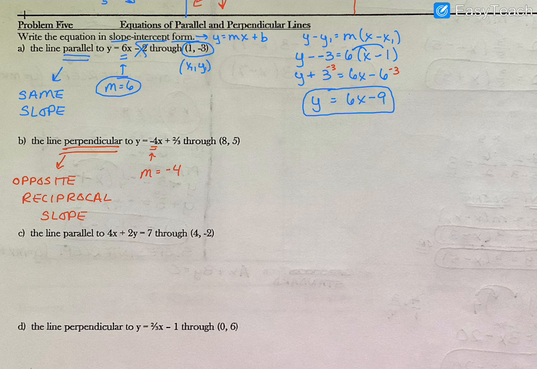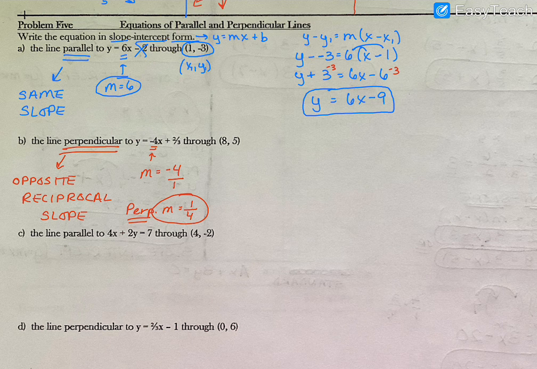Opposite, reciprocal. So first of all, what is negative 4 as a fraction? That itself is negative 4 over 1. So the perpendicular slope, opposite of negative is positive. Reciprocal of 4 over 1 is 1 over 4. So the slope we're going to use in this problem is positive 1/4.